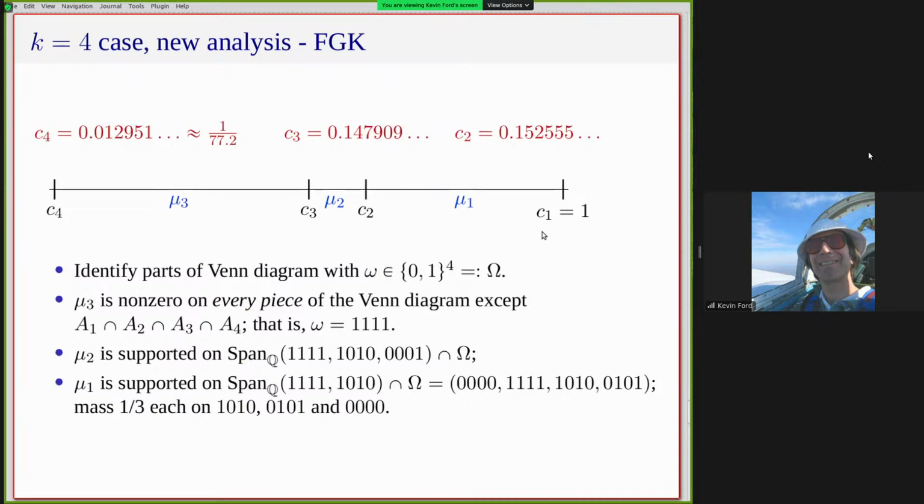In k equals 4, we improved on the Maier-Tenenbaum estimates as well. So that is trying to find 4 equal subset sums or 4 close divisors. And what's interesting here is now we have 3 measures instead of the 2 that were considered by Maier-Tenenbaum. And there's a funny thing going on with the middle one, because the interval from C3 to C2 is extremely short.